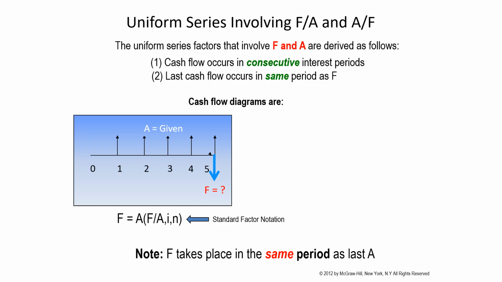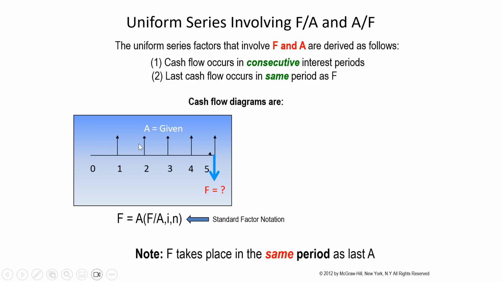You'd first have to take this annual series to time 5, and then separately from that, you'd have to take whatever amount is at 0 to year 5. So the point is that the annual series doesn't include time 0, but the future value is assumed to be in the same year that you have the last part of the annual series.